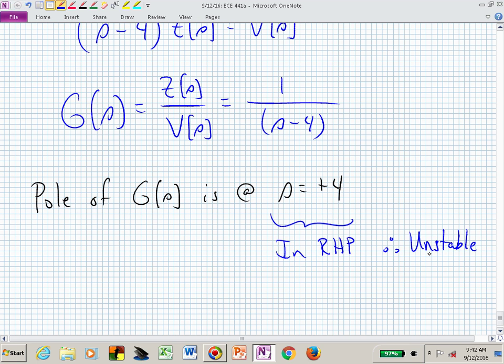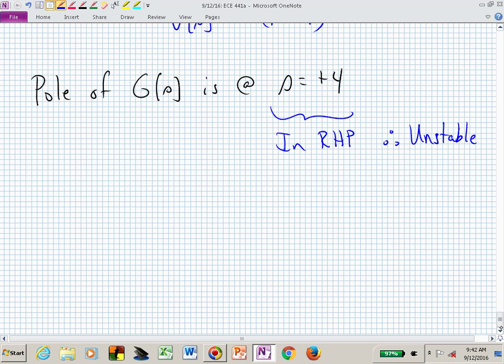Which means if we didn't do anything to that system and somebody kicked it off from its nominal operating point, it would just continue to move away from that operating point. It wouldn't return if we didn't put any kind of control around that system. We can see that in terms of this system behavior if we look at the impulse response.